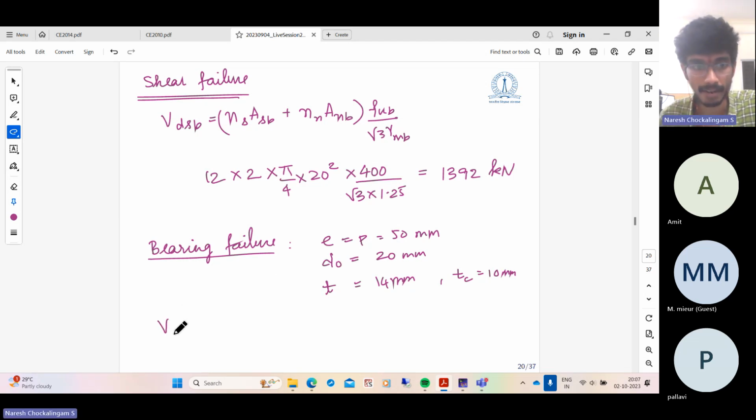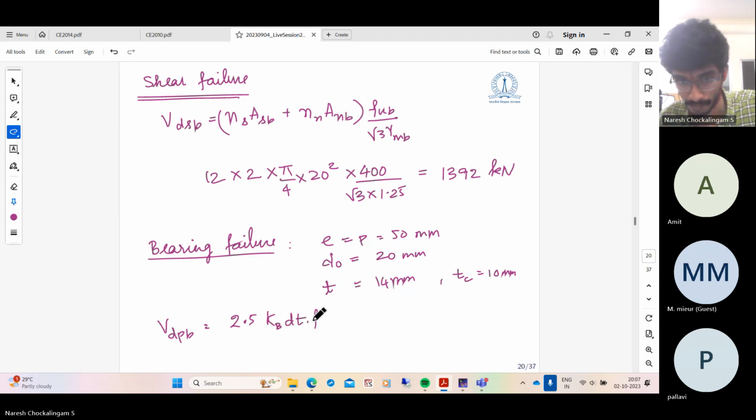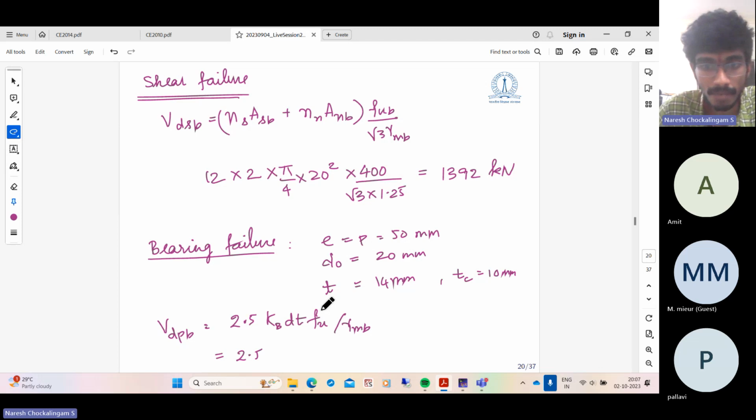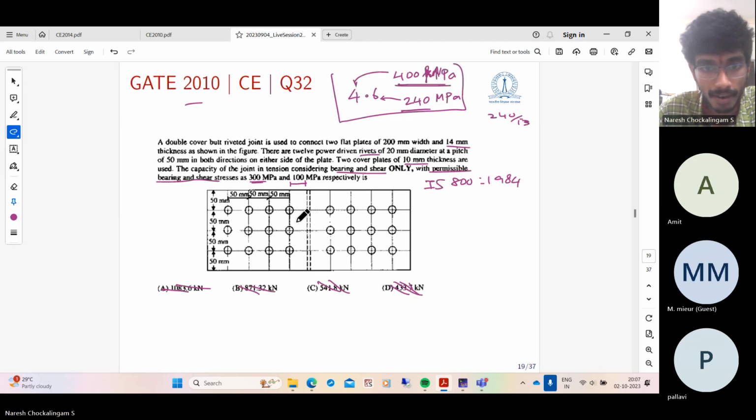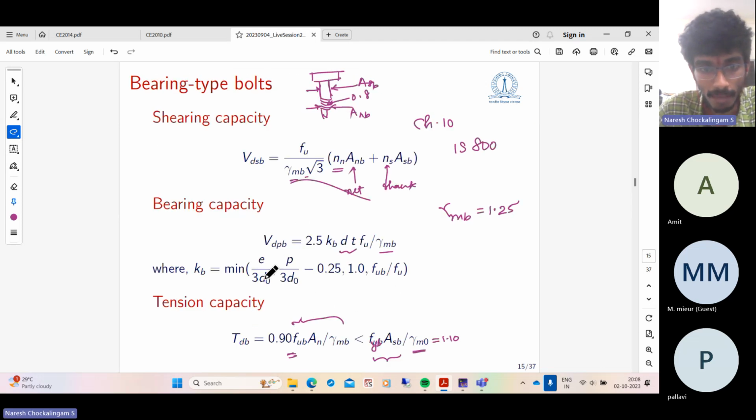So the bearing strength VDPB is given as 2.5 kb d t fu by gamma m. So 2.5 is this. What is kb? kb is the minimum of E by 3d naught, P by 3d naught minus 0.25.